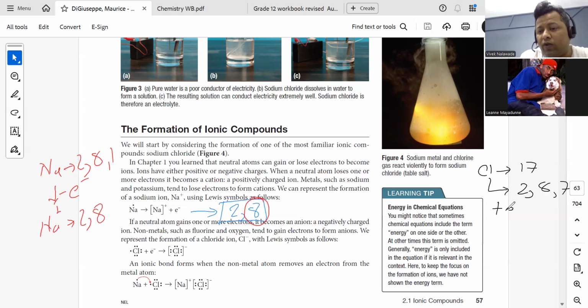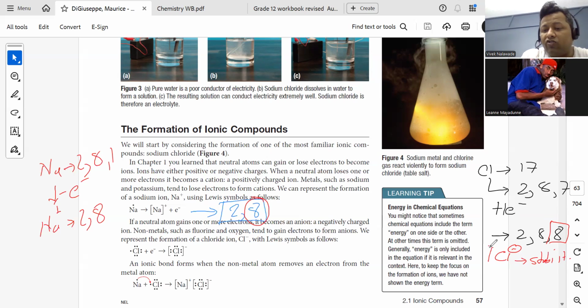When it gains one electron, the configuration is 2,8,8. That means again its outermost shell has 8 electrons, so that gives the chlorine anion additional stability.